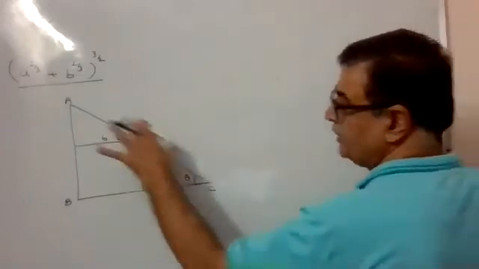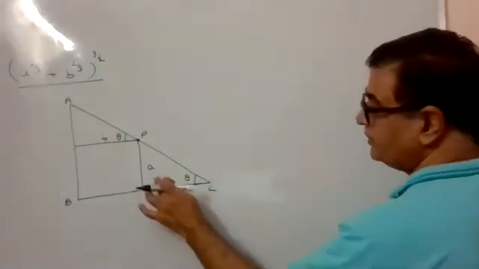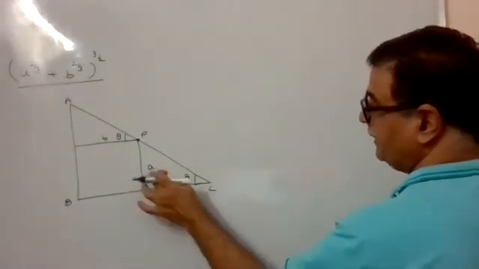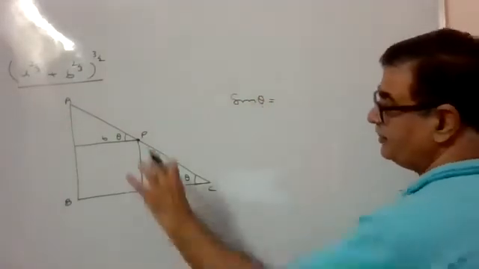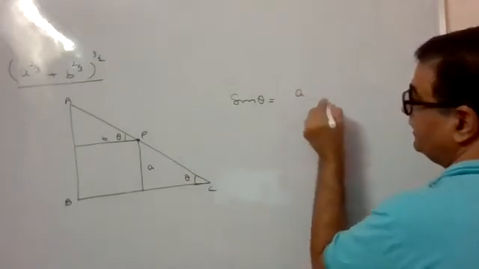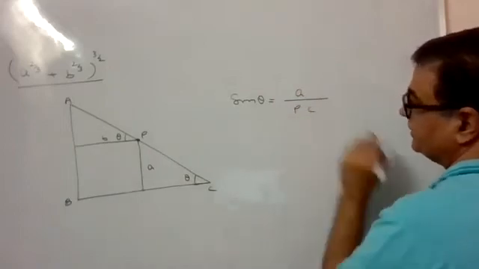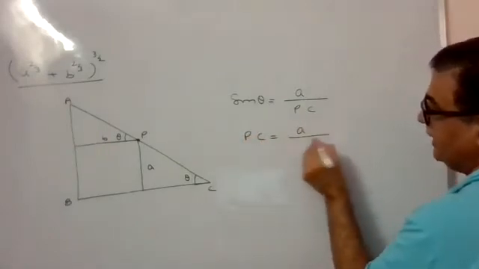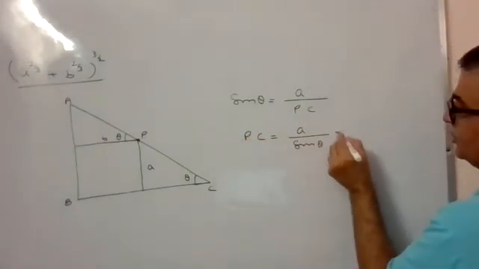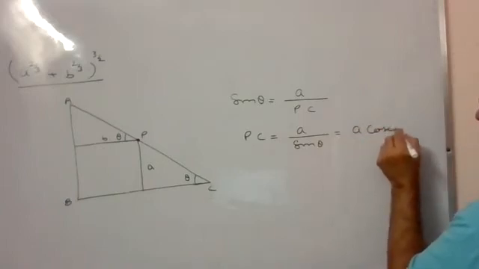Because you need this length, you need this length too. So I take this triangle first and calculate: sine theta is perpendicular over hypotenuse, A by PC. So PC will be A by sine theta, or A cosec theta.